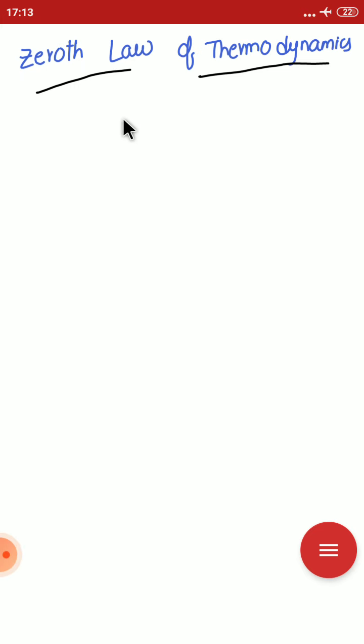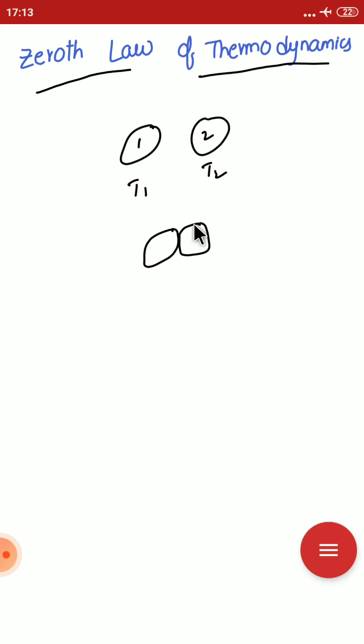Zeroth law of thermodynamics. When two bodies are at different temperatures and you bring them into contact, after some time they will attain the same temperature.